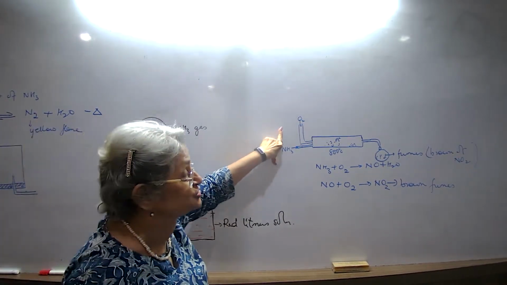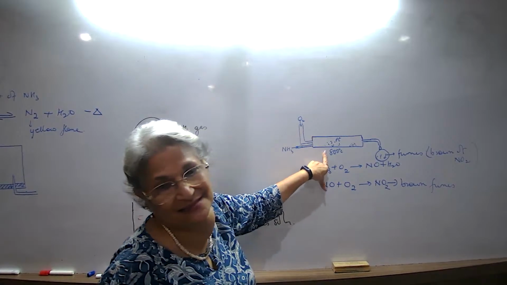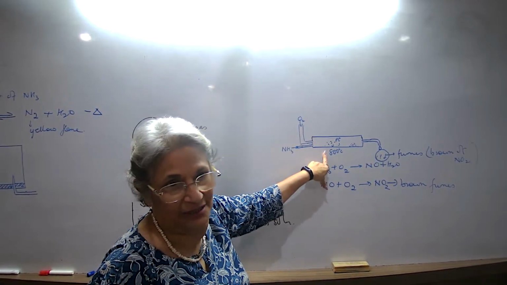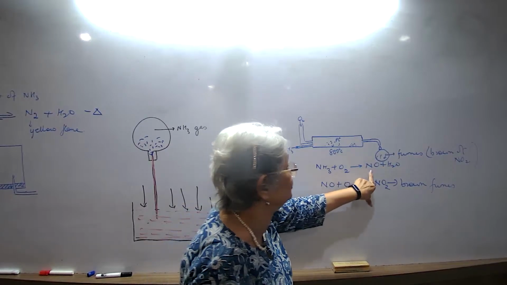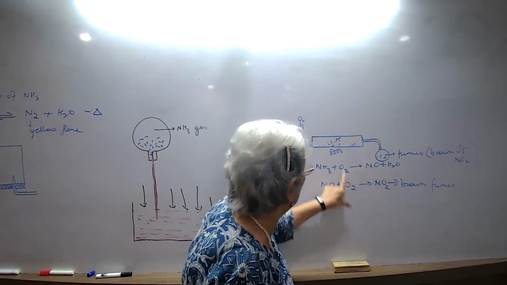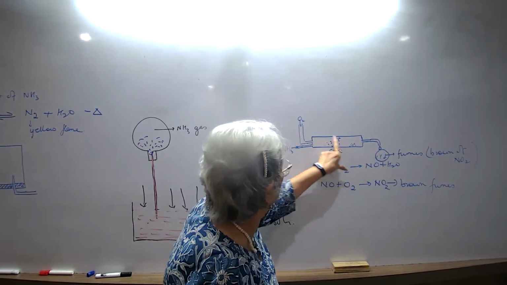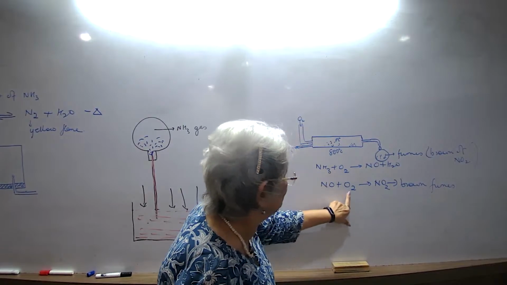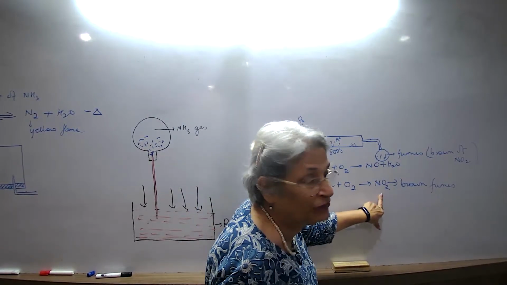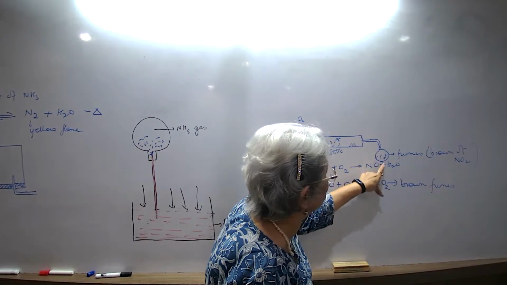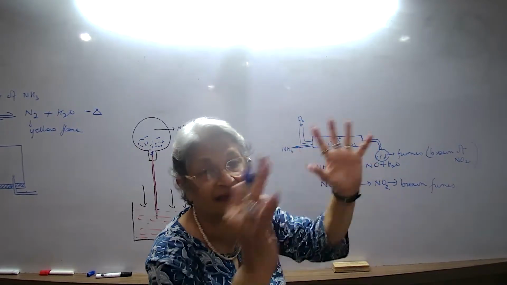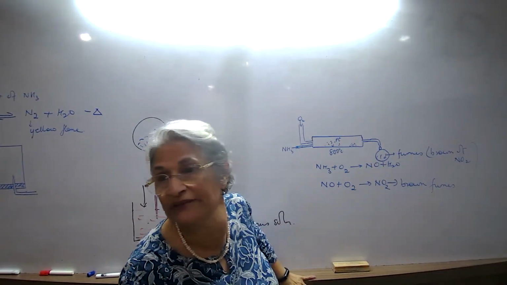Ammonia and oxygen with catalyst is giving you different products. So the ammonia plus oxygen is giving you NO plus water. NO combines with more oxygen to give you NO2. This NO2 are brown fumes. So ultimately, the end result is brown fumes of NO2 getting collected in that round bottom flask.